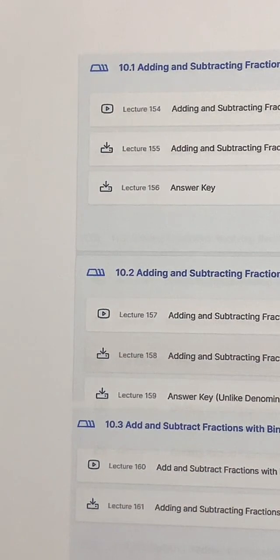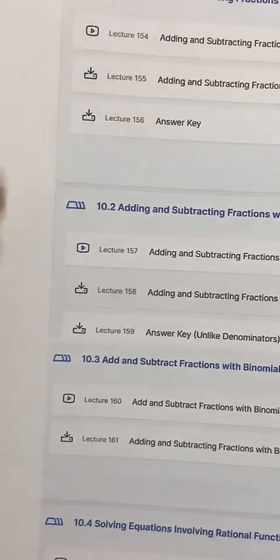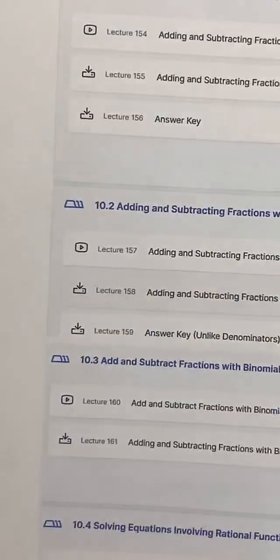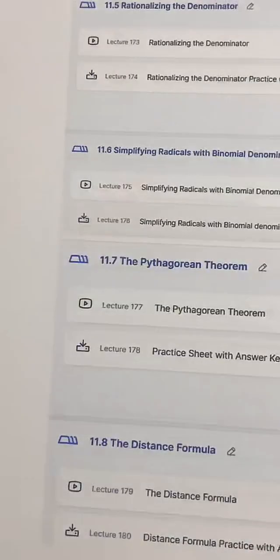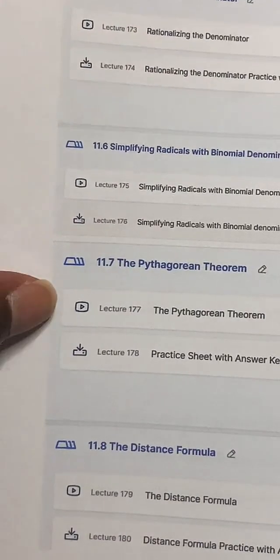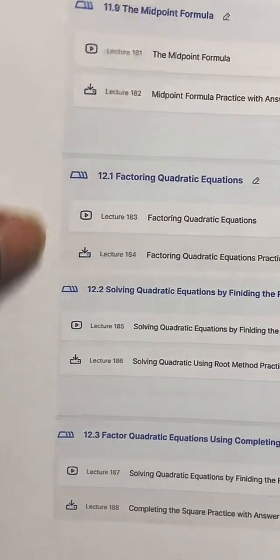Okay. How did you drop everything in one click? Oh, sorry, wrong thing. So all these fractions, everything that dealt with fractions is here. Radicals, anything dealing with radicals, rationalizing the denominator, Pythagorean theorem, distance formula, midpoint formula.